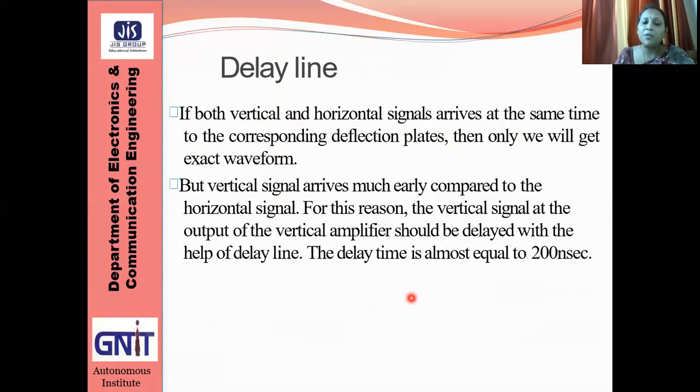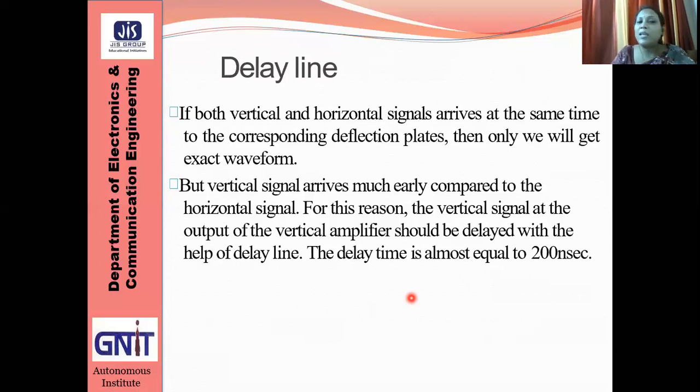So to make it synchronized, the delay line has been incorporated after the vertical amplifier, so that it can give a time or a space for the signal to reach the horizontal deflection plates through the horizontal amplifier. The delay time is almost equal to 200 nanoseconds.